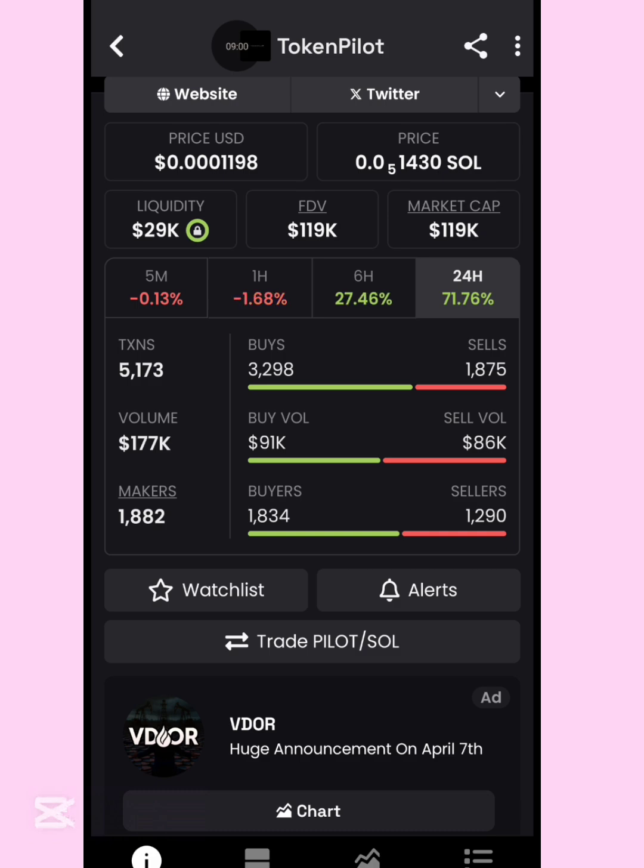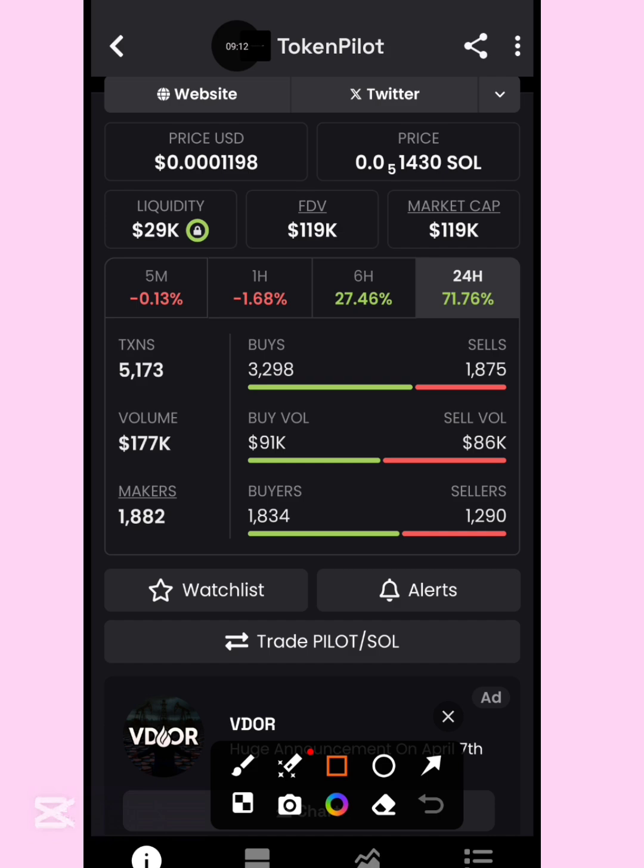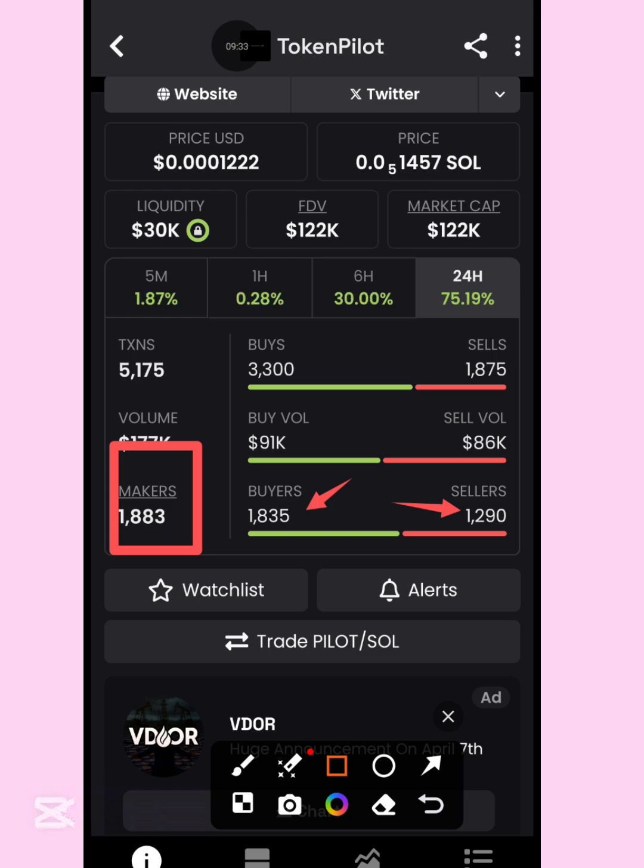So each wallet is buying and selling, and we are not going to add both buyers and sellers here. What we need to know is the unique number of wallets. So makers, in simple terms, means the number of unique wallets that are carrying out transactions on this particular token. I think that is understood better.